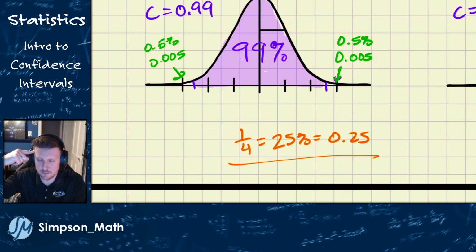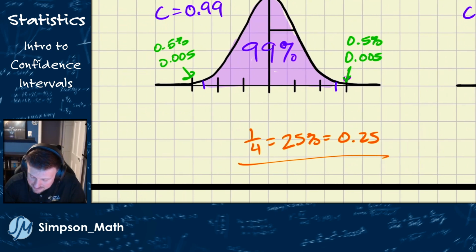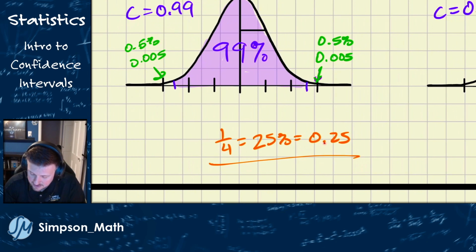That should have a permanent residence in your brain. If I have a decimal and want to turn it to percent, I move the decimal 2 to the right. If I have a percent and need the decimal, I go 2 to the left. So 0.5 as a decimal becomes 50%, or 0.5% as a percent becomes 0.005.